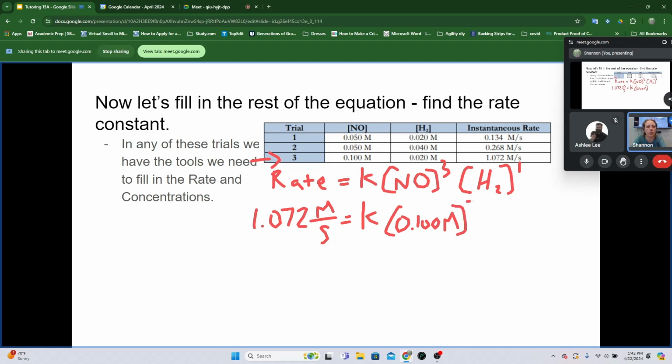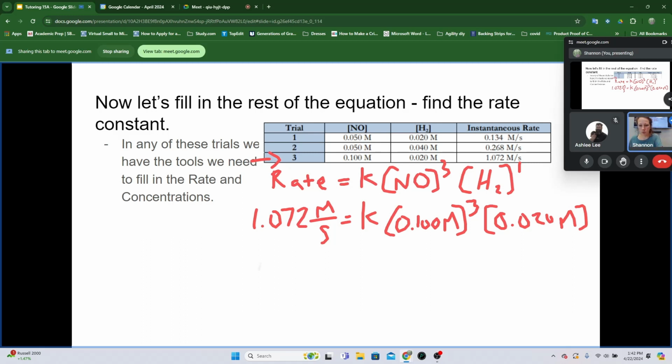And do not forget your exponents. It's going to be to the 3rd power. And then my concentration of hydrogen is 0.020 molar. And I don't need an exponent on this one because it's 1. Okay?